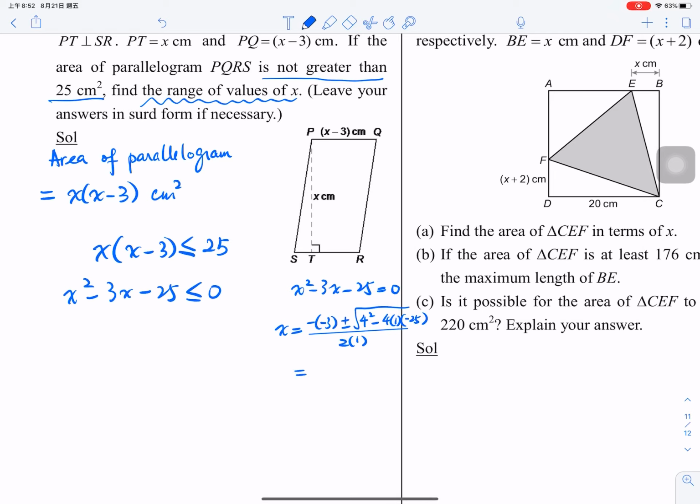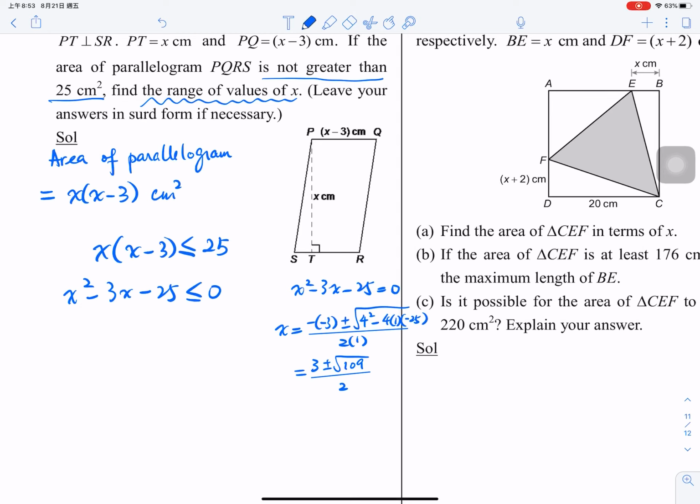And you found that this one is 3 plus or minus the square root of 109 over 2. So that means 3 plus square root 109 over 2, or 3 minus square root of 109 over 2.